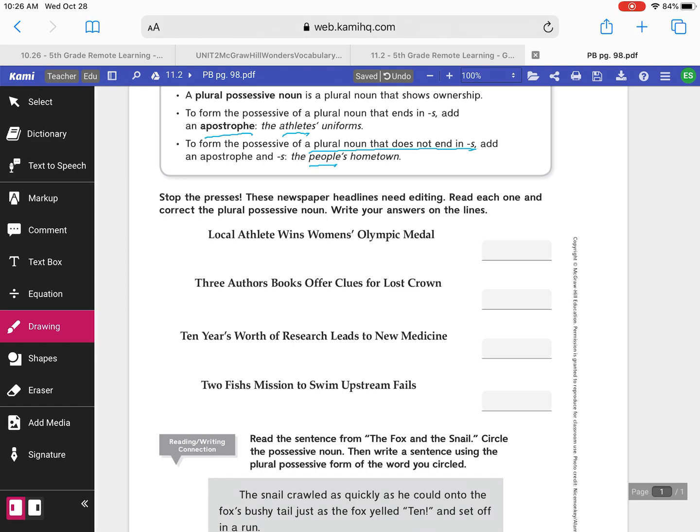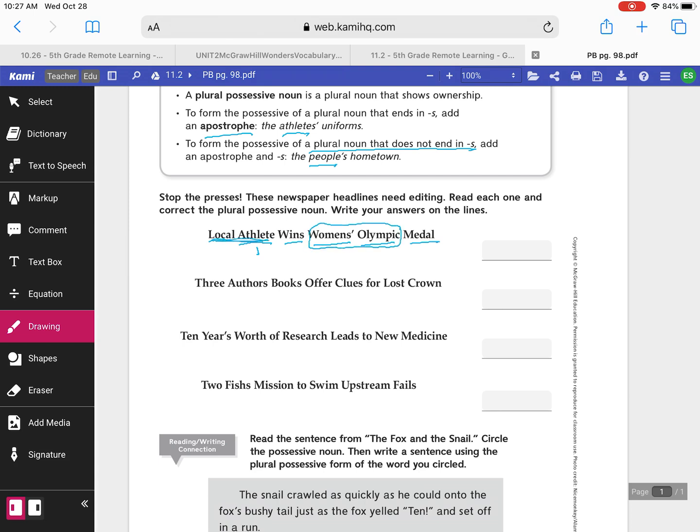Stop the presses. The newspaper headlines need editing. Read each one and correct the plural possessive noun. Write your answers on the line. It says local athlete, there's one athlete, wins women's Olympic medal. Right here I've got my apostrophe situation.